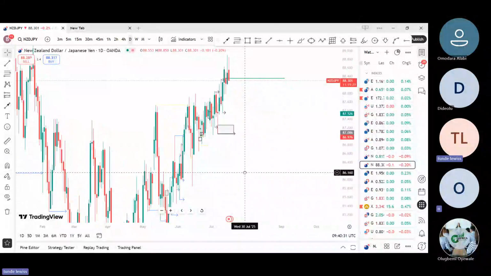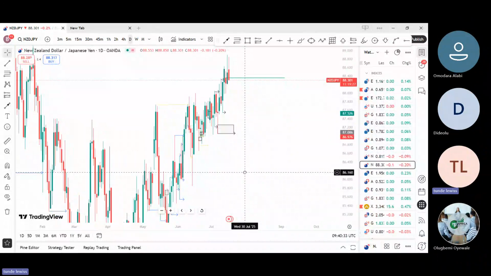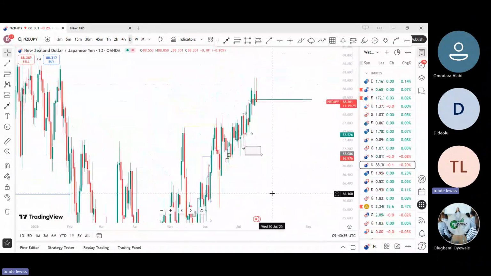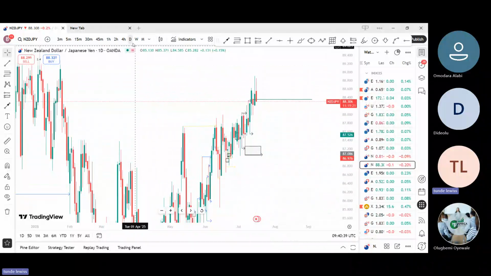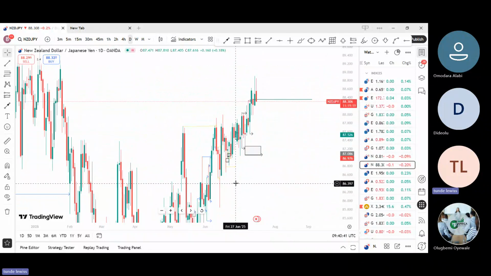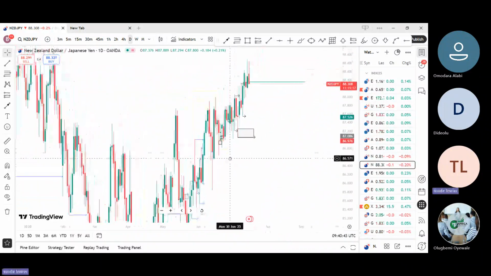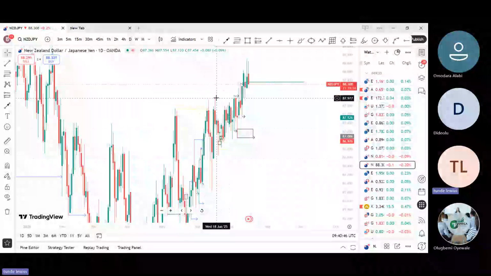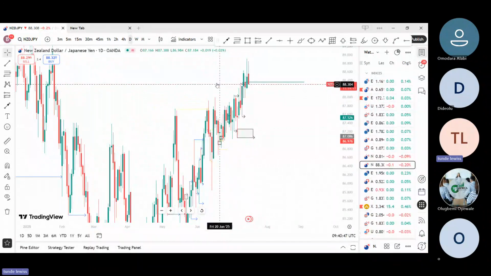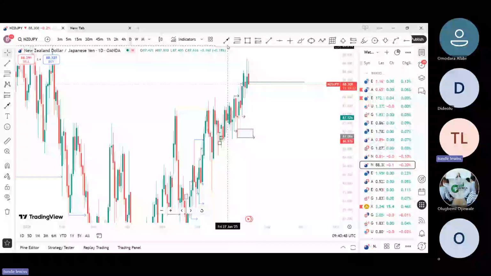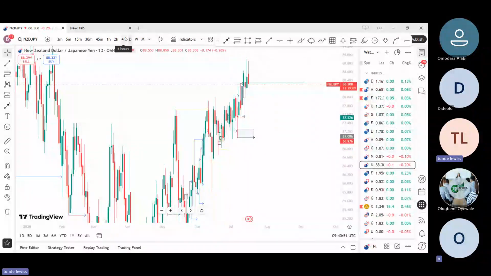I think I'm seeing a setup on NZDJPY. So starting from the daily time frame, I can see that this is an uptrend because the price is super bullish and it keeps breaking structure to the upside. So I should be looking for more of a buy than sells in this kind of a trend.